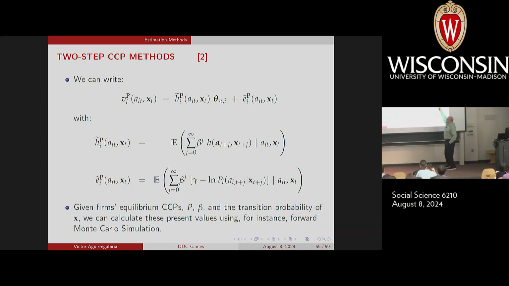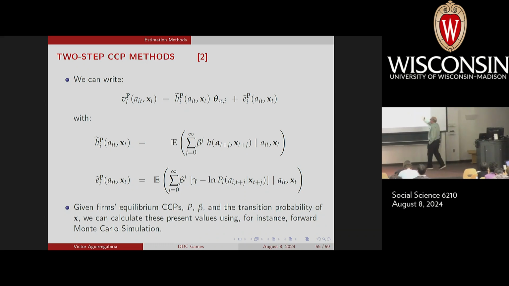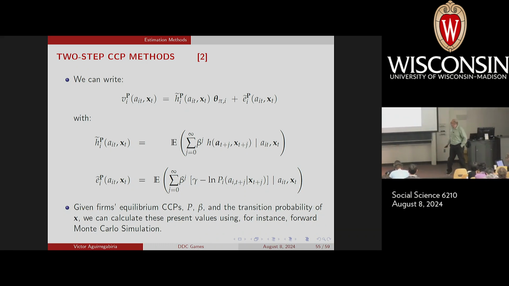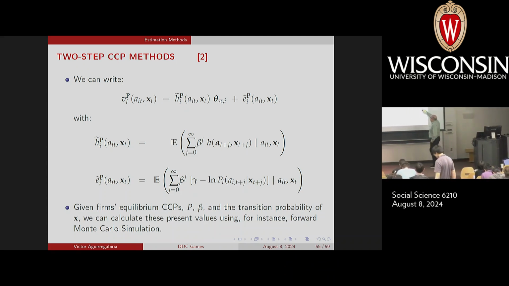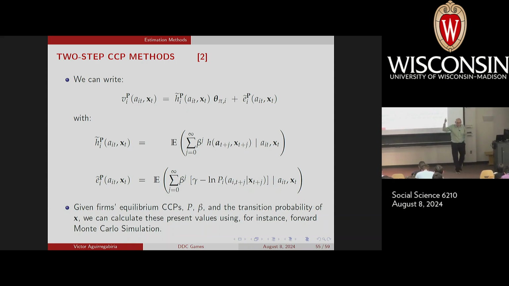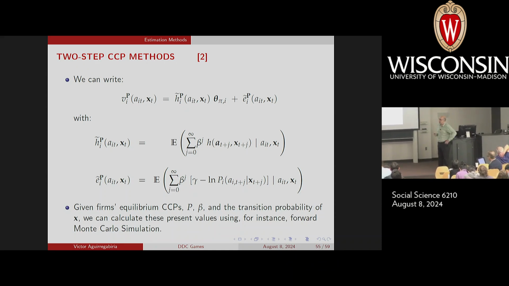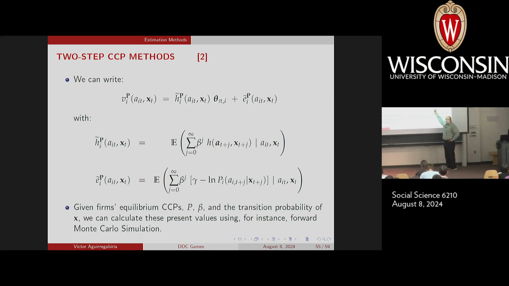And this EP is the expected value of future epsilons that we will get if individuals behave according to the choice probabilities in P. Here I have assumed logit errors; we will have a different expression without logit errors. We can calculate these present values either by solving a valuation operator, which is equivalent to inverting a matrix with the dimension of the state space, or by forward simulation.